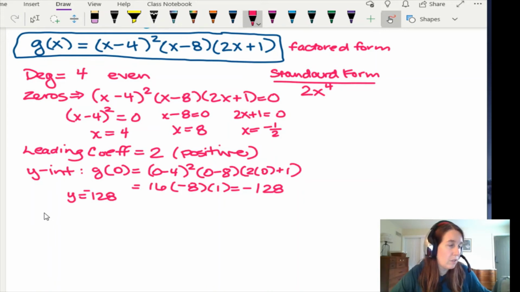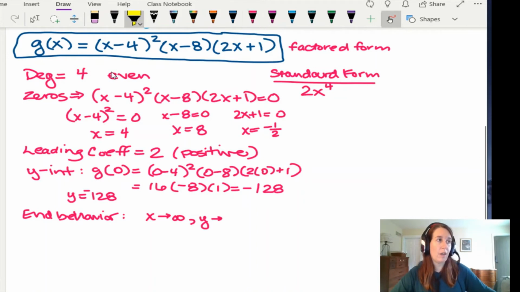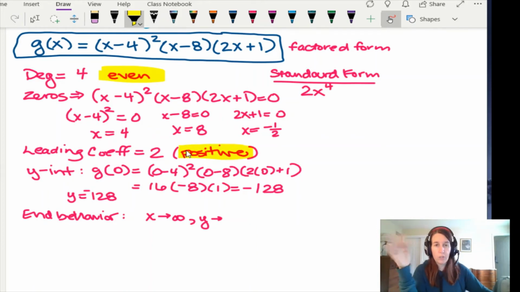Okay, so we also want to talk about the end behavior. And that's like as x is going towards infinity, what is the y doing? Okay, so remember that we want to look at the degree for that, and we want to see whether the leading coefficient is positive or negative.